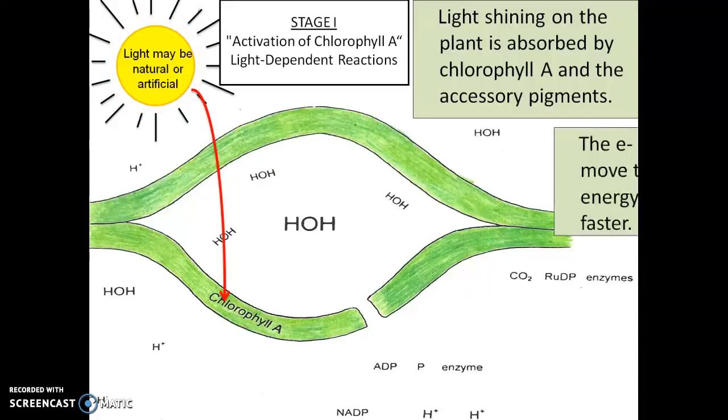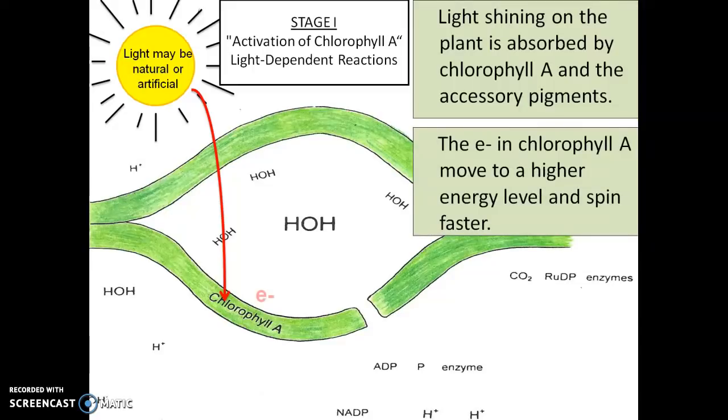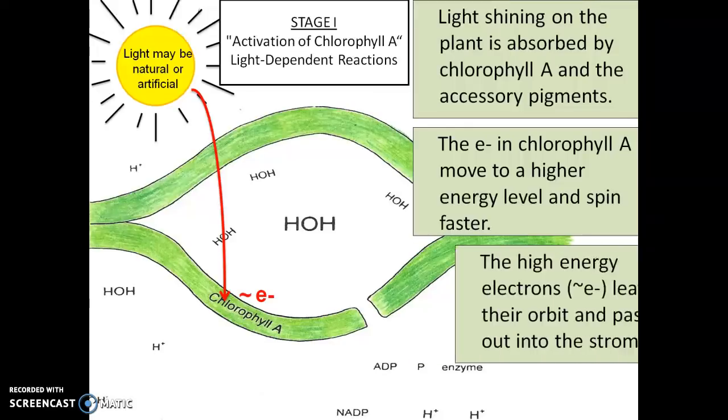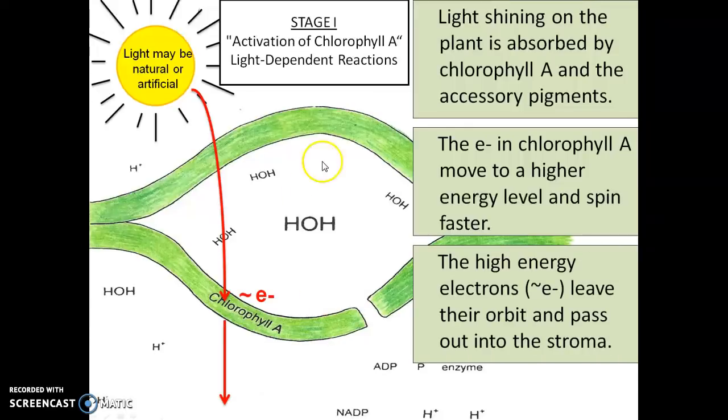Well, there are electrons in chlorophyll A. And when that chlorophyll A absorbs that sunlight, it excites and energizes these electrons and they start to spin. And then they spin and they spin and they spin. The more energy that they absorb from the sun, the faster that they begin to spin. And they spin so much that they actually become highly energized, which is why our tilde is there. And they leave. They actually spin so much that they leave the thylakoid membrane and they travel into the stroma.